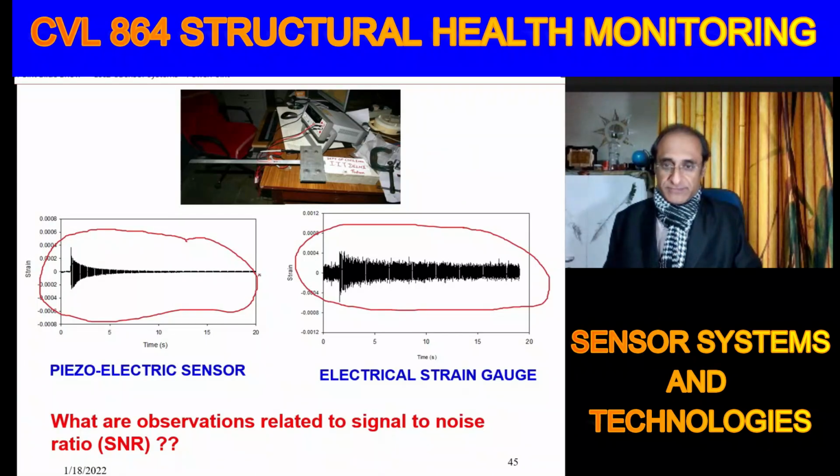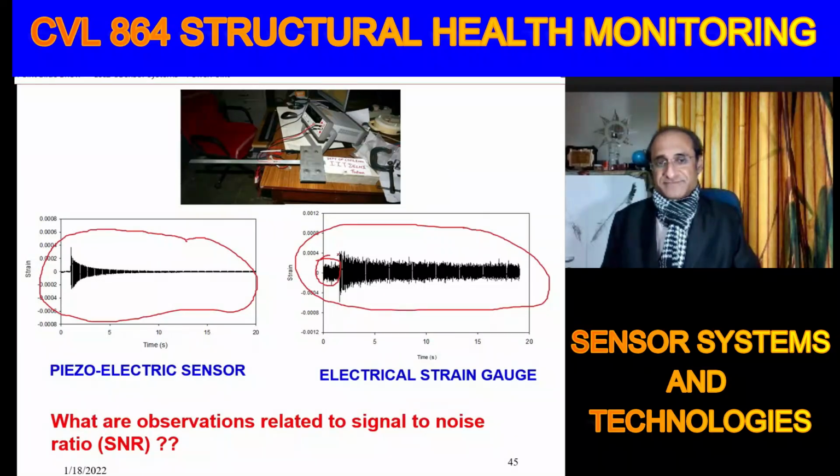It is so clean. But in the case of the electrical strain gauge, even if we are not applying any signal, still we are getting some noise. This is noise because there is no signal here. We have not hit the cantilever, but still some readings are being shown. So that is noise. And when we are hitting, then there is some signal, but the signal to noise ratio is very poor.